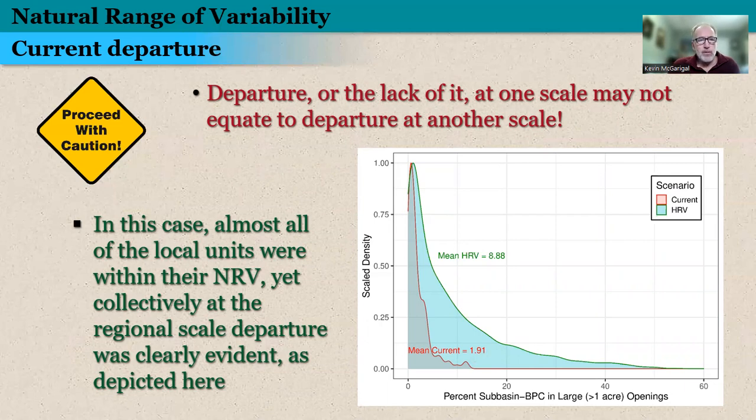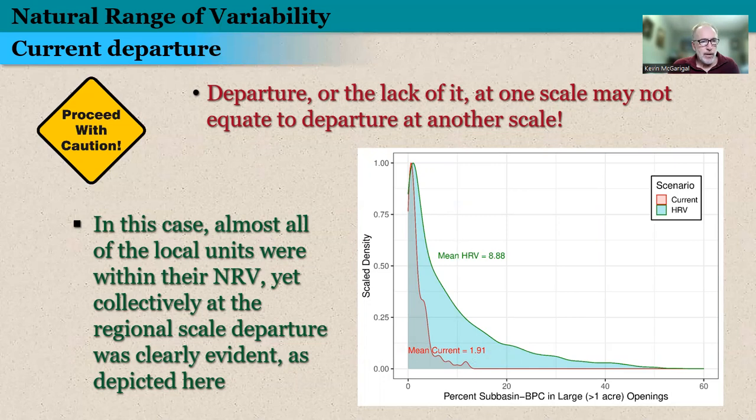Another really important consideration in a departure assessment is understanding that departure or the lack of it at one scale may not necessarily equate to departure at another scale. And this can be very important and have some important implications. So in this example here, we had a case where almost all of the local scale units, in this case they were geophysical units, were within their NRVs.